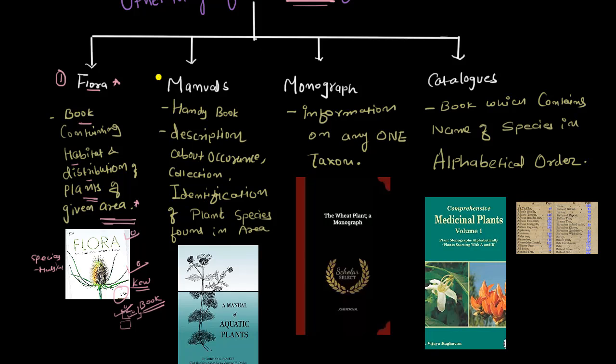Now the second one is what we call manuals. Manuals are a kind of handy book. If you are in 11th or 12th, of course you have lab manuals, right? You perform the practical and you write all the things in that lab manual. What is it? It is a handy book for your record purposes.